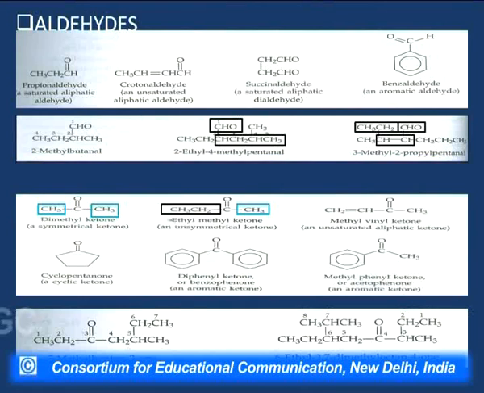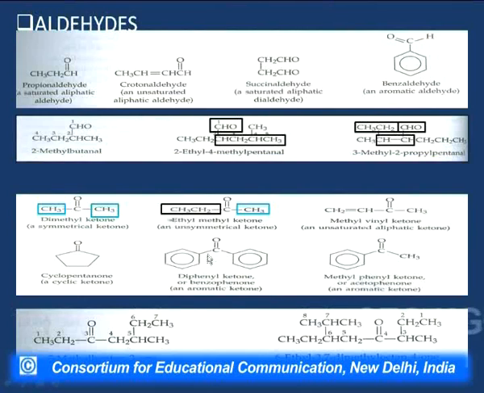So when we number this, and we've again given number 1 to the aldehyde group, the compound becomes 3-methyl-2-propyl-pentanol. Right. So please keep in mind that if there are 2 chains with the same number of carbon atoms, then you will choose the chain which has the main functional group along with the maximum number of substituents attached to it.